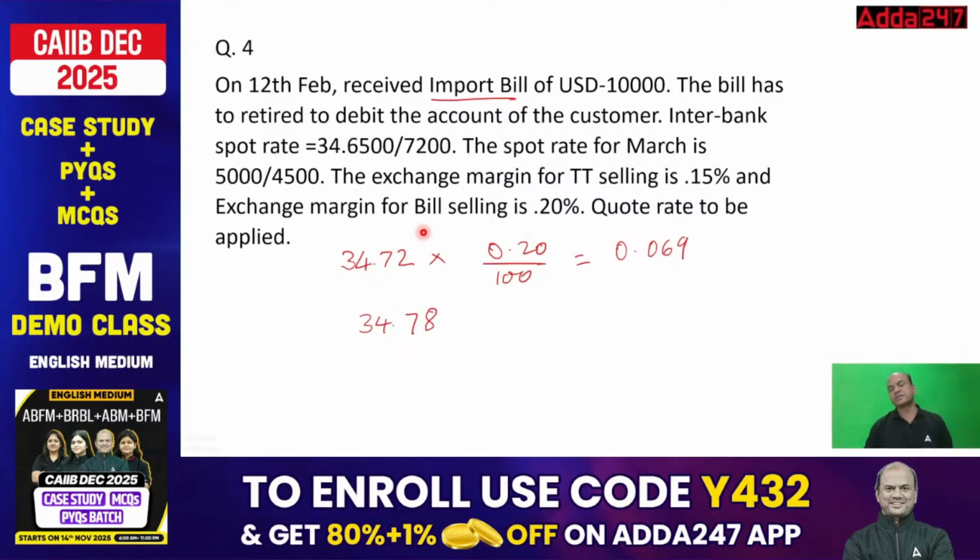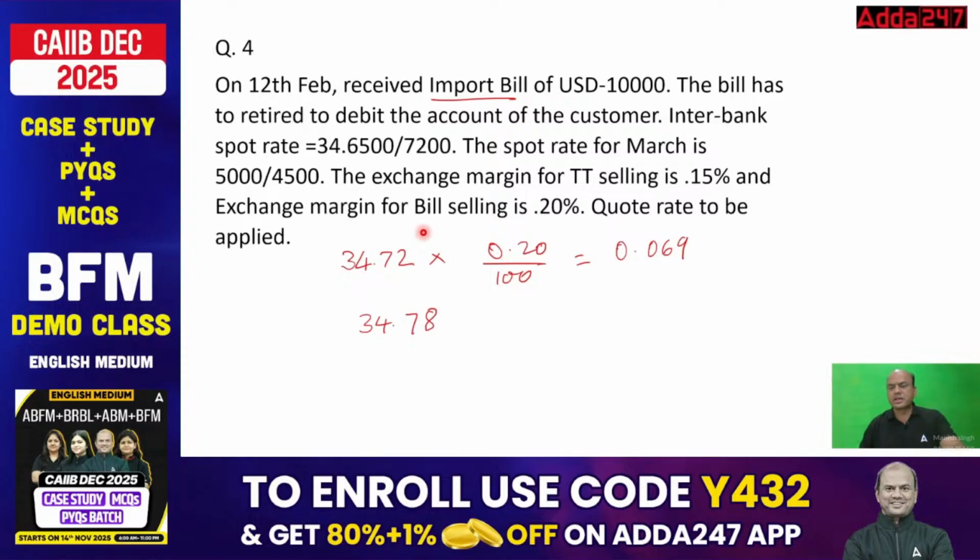What do you say, guys? Should I add it or should I subtract it? I'll be adding it, isn't it? So 34.72 plus 0.07. So simple 34 point, what is this? 7 means 9, no? 34.79 I must get it.